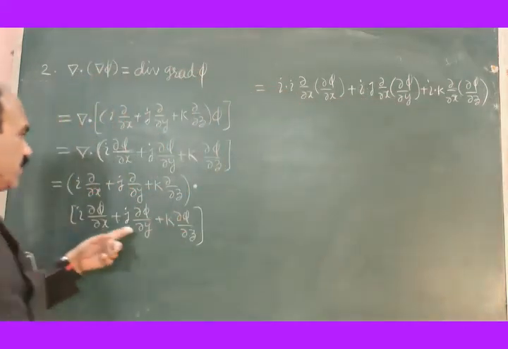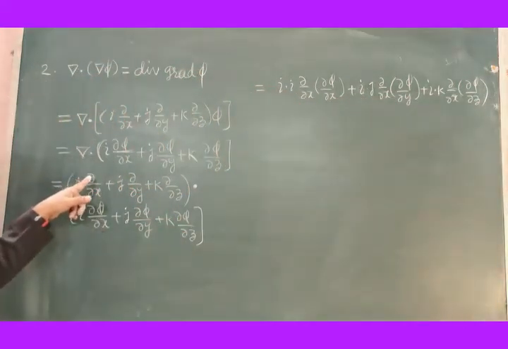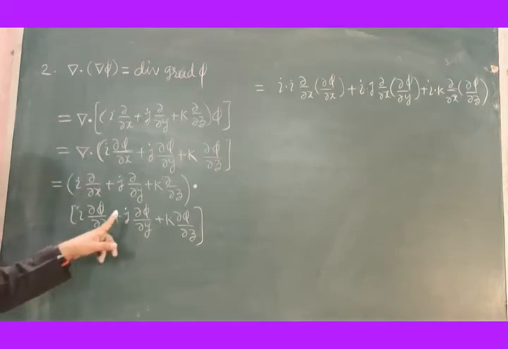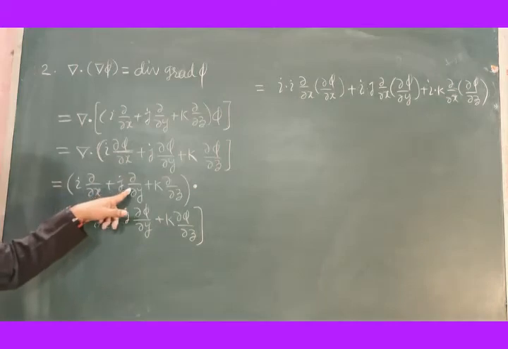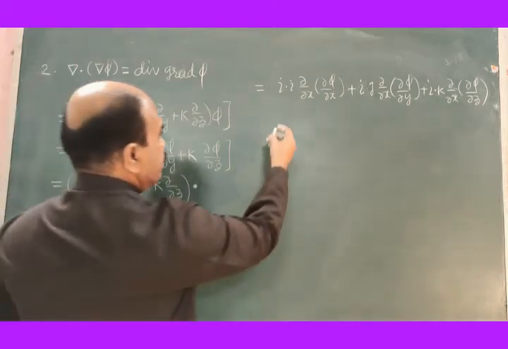What is this row? Dot product of i ∂/∂x with this term, and with this term. Now the dot product of this term with these three terms.